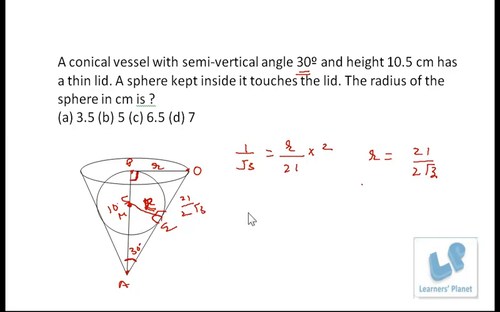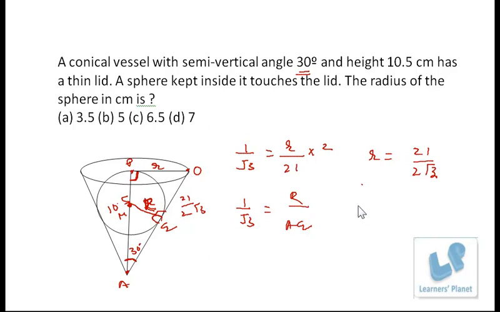So tan 30 degree, that is 1 upon root 3, is equal to R upon AQ. Okay, and similarly we can find out the complete length OA. This OA is hypotenuse and AP is base. So for base and hypotenuse, the relationship is given by cos theta.